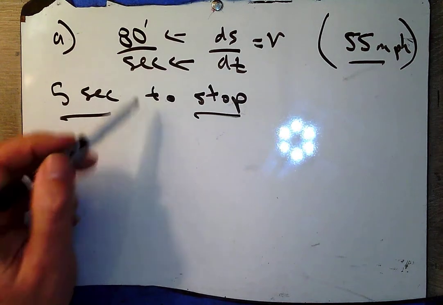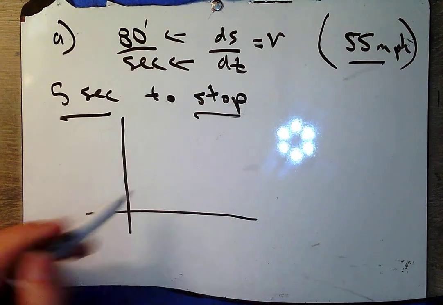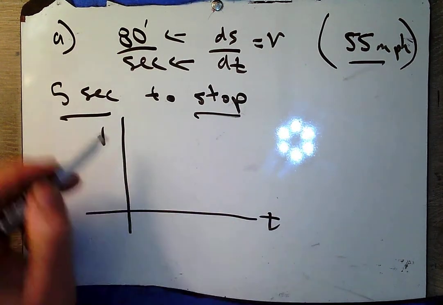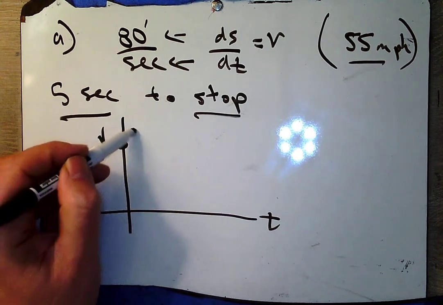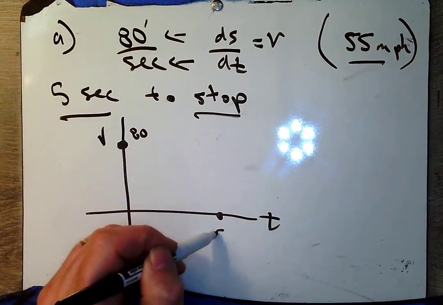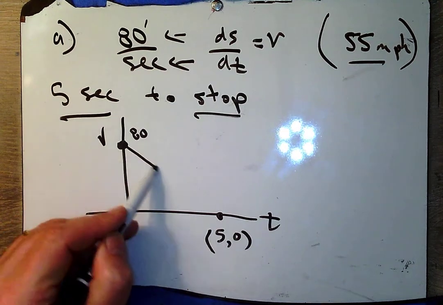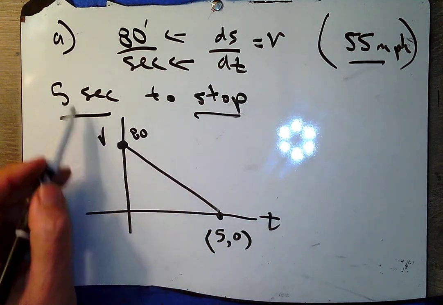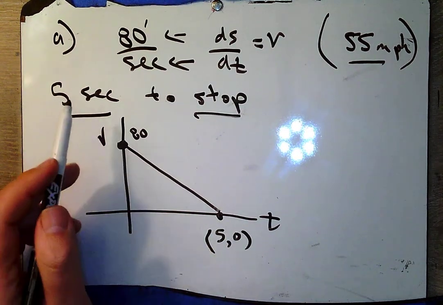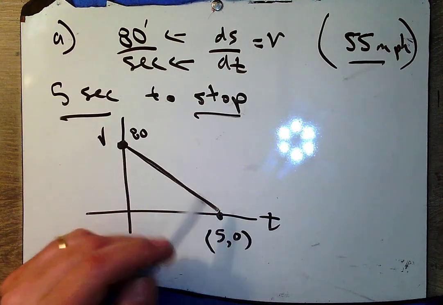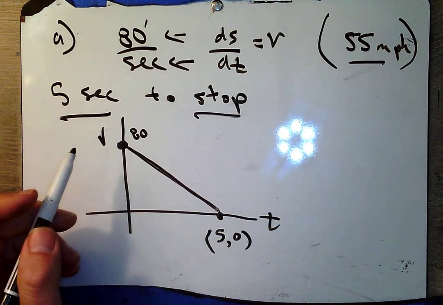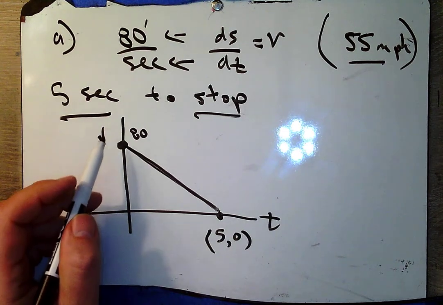Let's take a look at this graph. Okay, this is a velocity graph. We started at 80. And after 5 seconds, we're at 0. Constant, we're slowing down in a constant manner. So, what do I notice here?